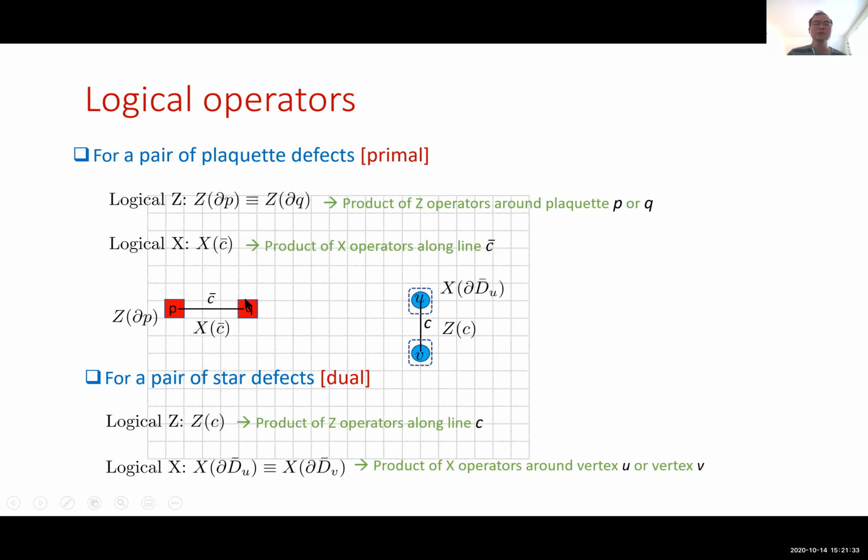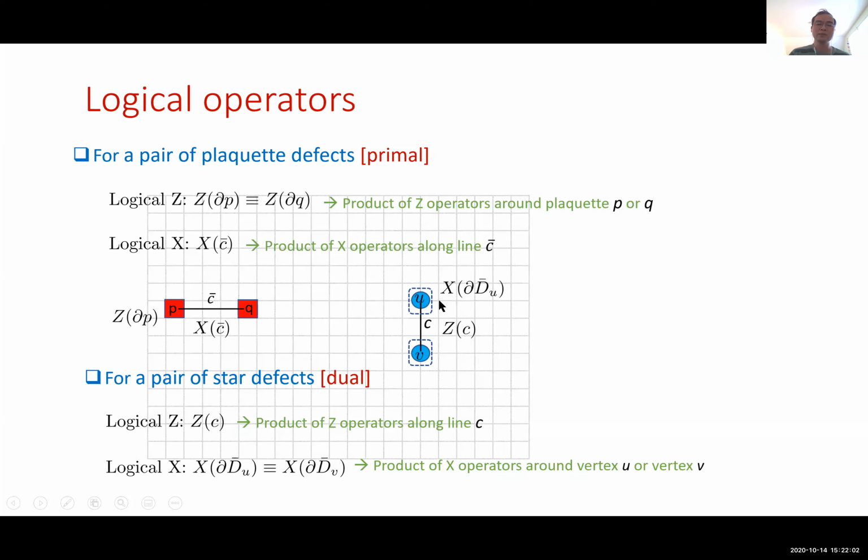This logical qubit is also called a primal qubit. So the dual qubit uses a pair of star defects, and the natural choice of logical Z is this line, the product of Z operators along this line.